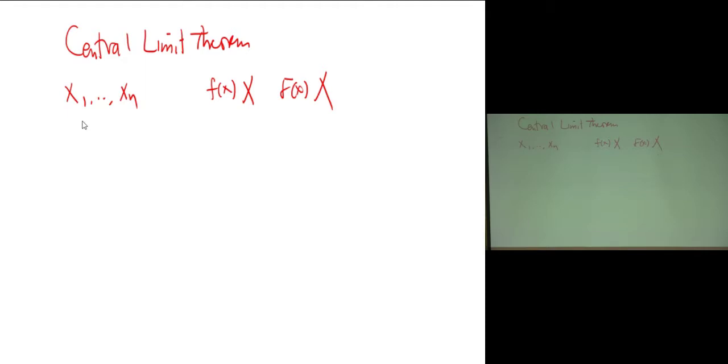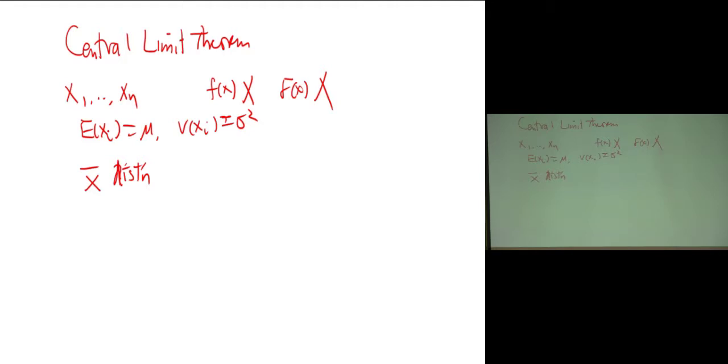All right? What we know is the expectation of xi, which are all mu, and the variance of xi, which are sigma square. Then we ask, what is the distribution of x bar? The central limit theorem does not give the exact answer, but it gives us an approximate answer.